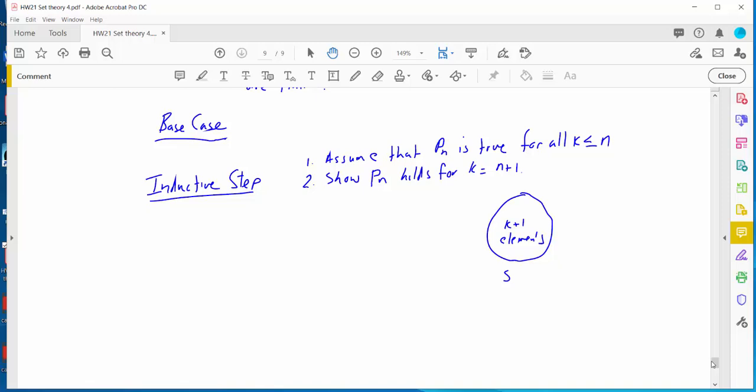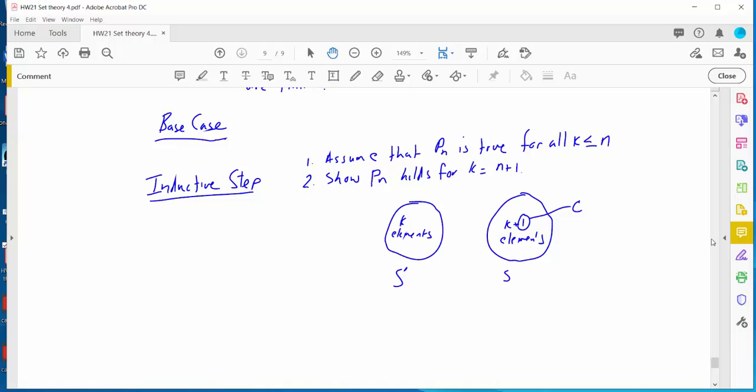So also think about the other set that has k elements. Call that, say, S prime, and it has k elements. Then give the element in S that is not in S prime a name, like call it C. Now just remember what it is that you're thinking about.